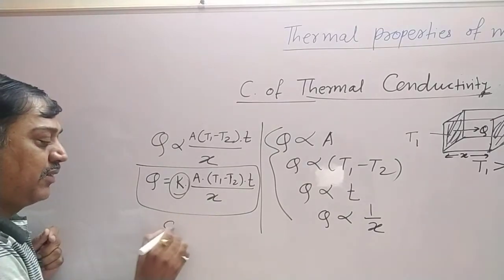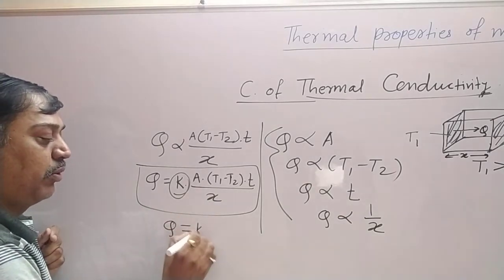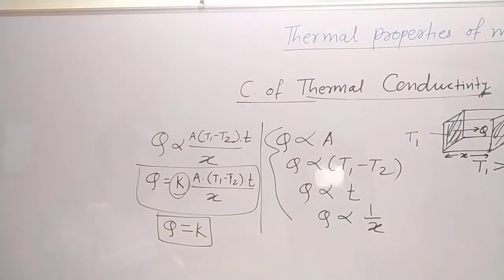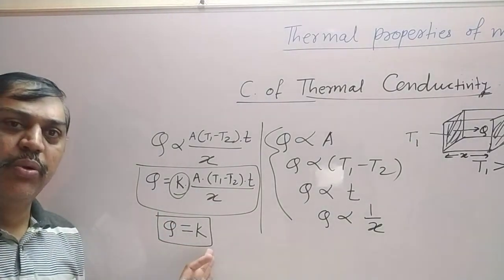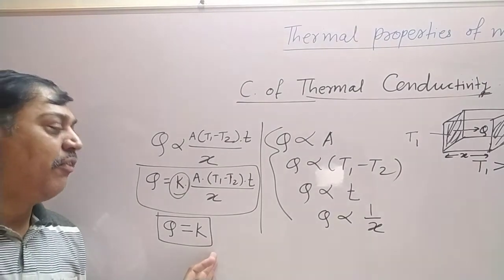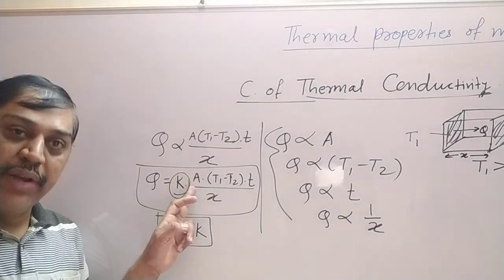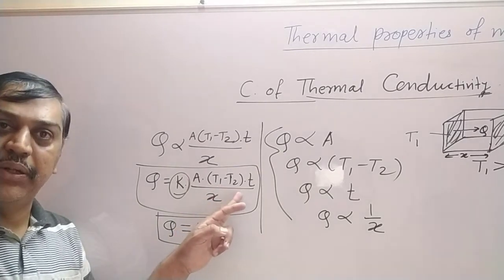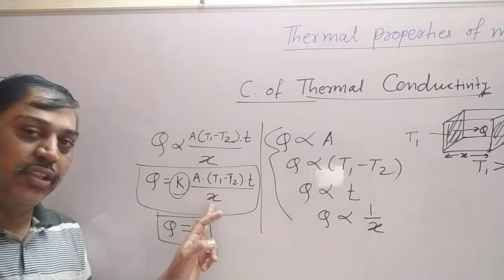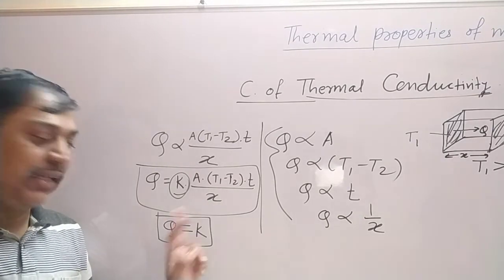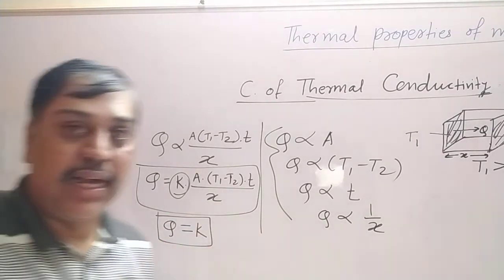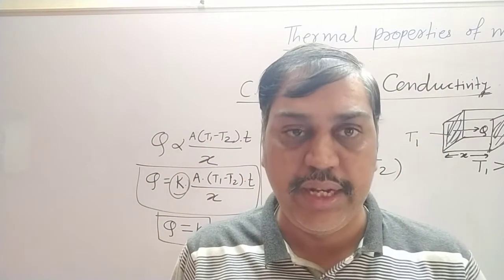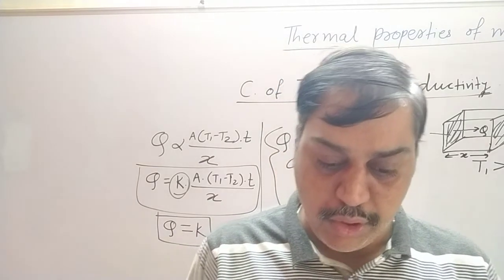Then you can say Q must be equal to K. When Q is equal to K, the amount of heat transfer from hot end to cold end is equal to the coefficient of thermal conductivity, when the area is unity, the change in temperature is 1 degree Celsius, the time for propagation of heat is 1 second, and the distance it travels is 1 meter.